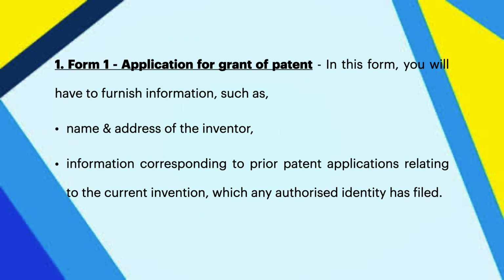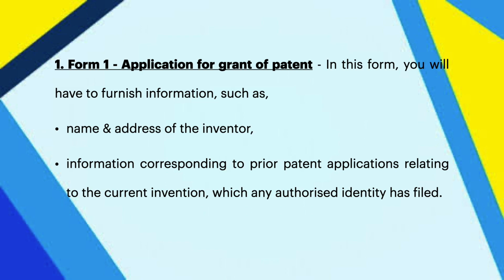So in case you are inventing a product A, that's your current invention. Regarding the same invention, if somebody else in the past has filed a patent, you will have to provide that application information in this form.